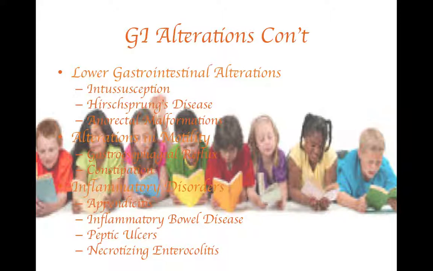Rebound tenderness describes a sensation of severe pain that occurs after deep pressure is applied and released and is indicative of peritonitis. Laboratory findings do not establish the diagnosis, but there is often a moderate elevation of the WBCs, seldom higher than 15 to 20,000, with a shift to the left.